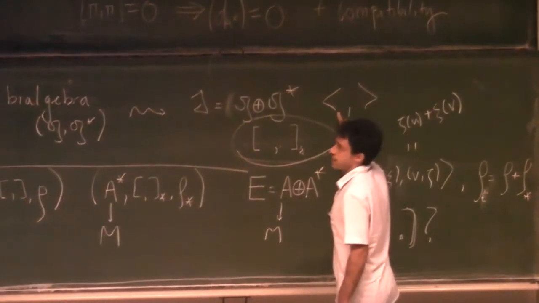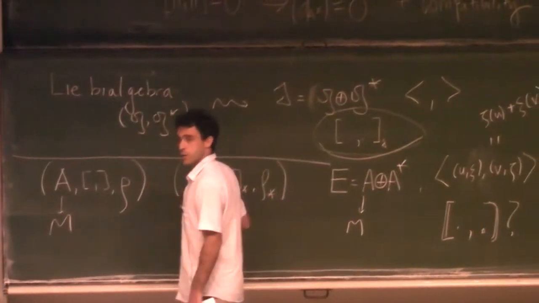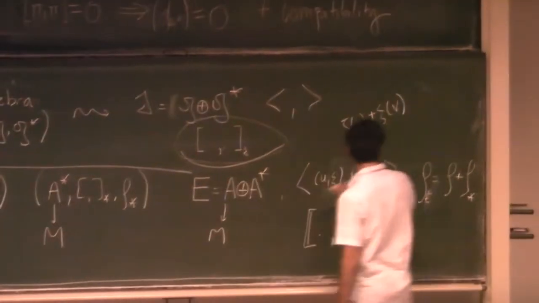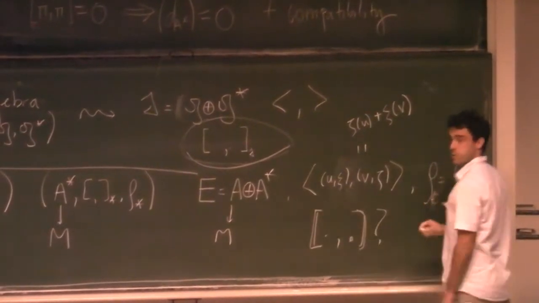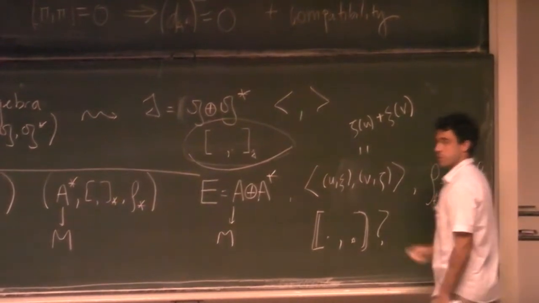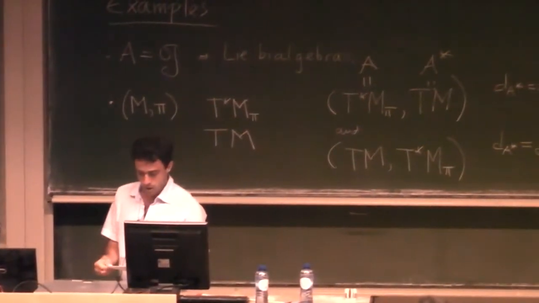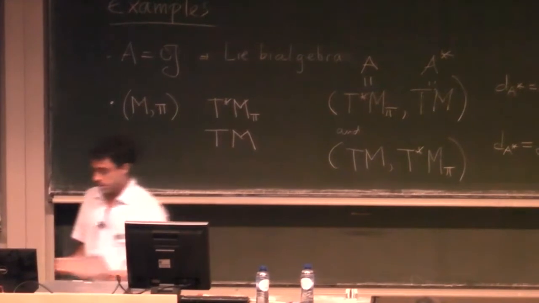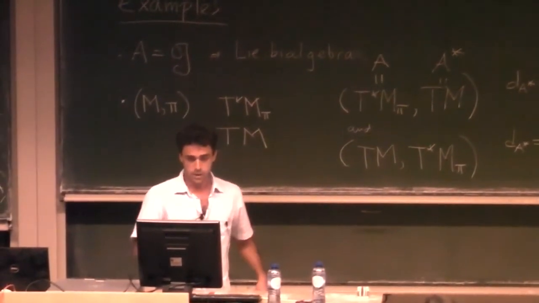So the natural guess here would be that if you have now a Lie algebroid, another Lie algebroid, you put these things together, you have all the ingredients to have a Lie algebroid again, except that you still have a bracket around, as you had here. But unfortunately, this doesn't work. And the resulting object of this operation is not a Lie algebroid again. And so doing this double story forces you to fall out of the world of Lie algebroids.